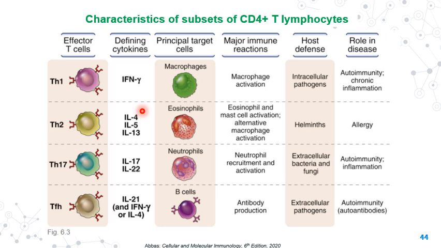These guys are going to try to expel the helminth, and they are going to activate cells that can fight those helminths, like eosinophils. They're going to work with degranulation and activation of eosinophils. All right, so 2 of those. Then you're going to have this guy that is very important for inflammation. It is going to recruit a lot of neutrophils and help you fight whatever blood infection or inflammation you're facing.